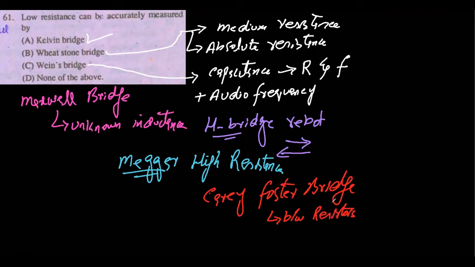Or you can say that it is used to calculate low resistance. Okay, so for this MCQ, the correct option is option A, that is the Kelvin bridge. Kelvin bridge is used for the measurement of low resistance.